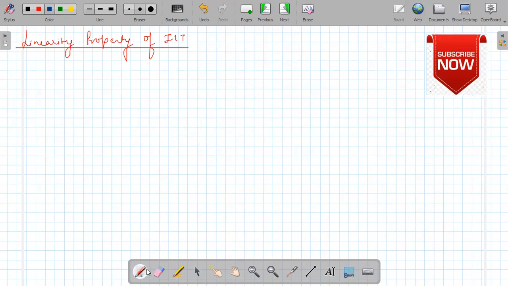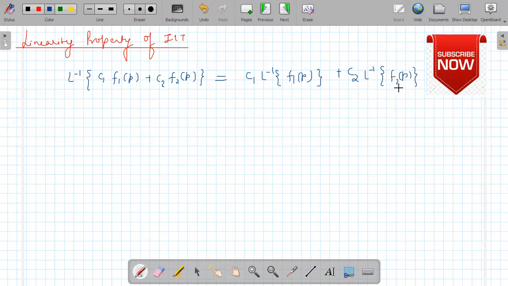This property says that if we are given the expression C1 F1(p) plus C2 F2(p), a linear combination of two functions, then its inverse Laplace transform will be equal to C1 Laplace inverse of F1(p) plus C2 Laplace inverse of F2(p). This is the linearity property held by Laplace inverse.